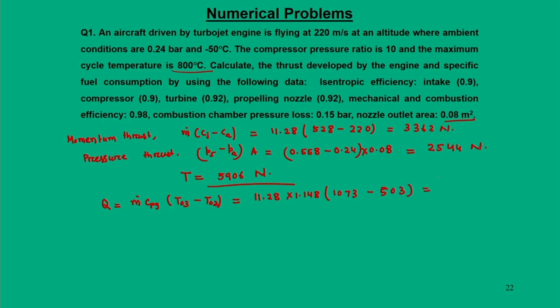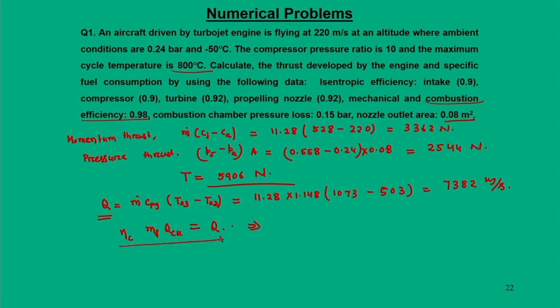So this value turns out to be 7382 kilojoule per second, and this Q we can write as mf into QCV into combustion efficiency, and we know this combustion efficiency as 0.98. So Q is known here.